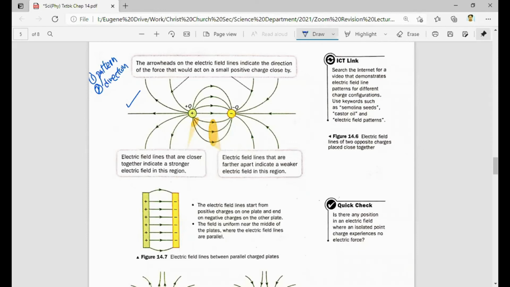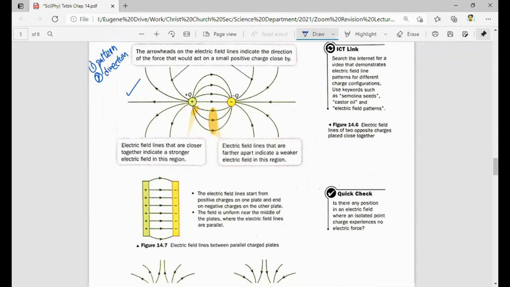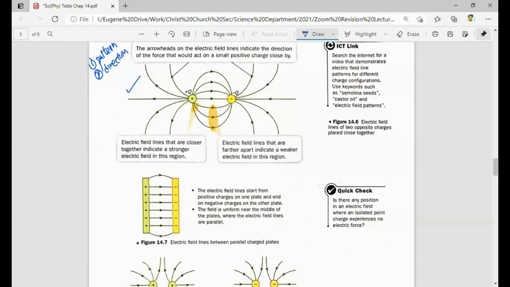Think of it as two parts to it. What is the pattern like? What is the direction like? Two parts of the whole thing. So if you look at the whole thing here, I can split the diagram up into three main segments. Segment 1, segment 2, segment 3. Segment 1, the lines are curving out.